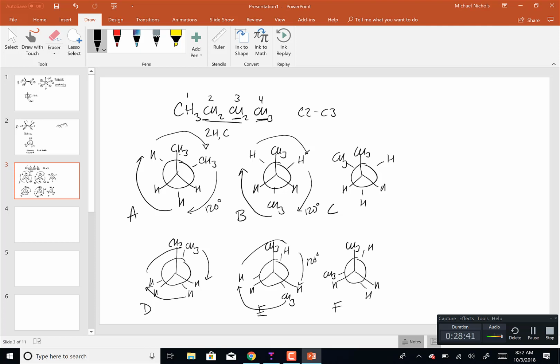So what are the rules about staggered and eclipsed conformations? All right, well, we will write these down and make them state law. Rule number 1 is that staggered are always more stable than eclipsed.